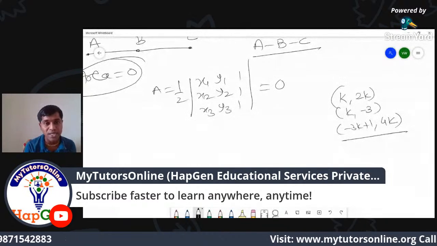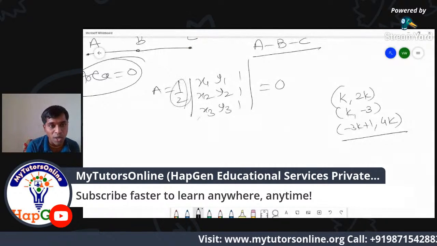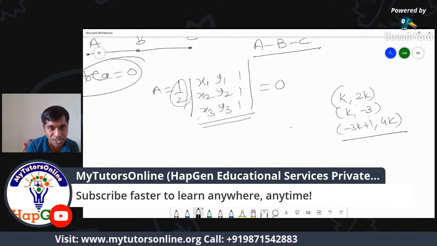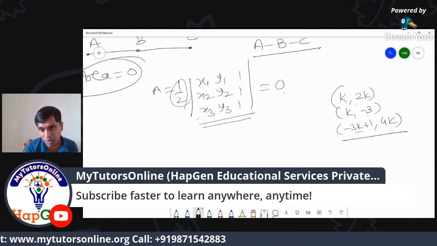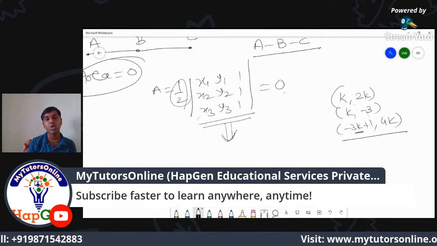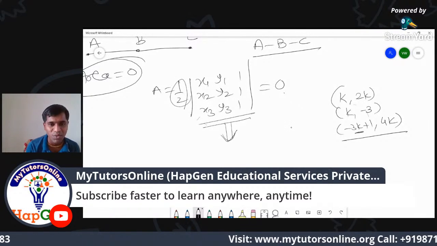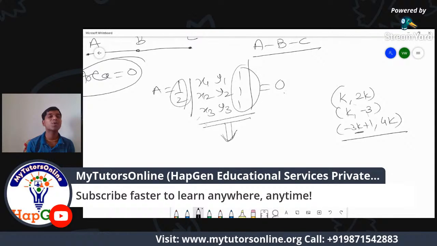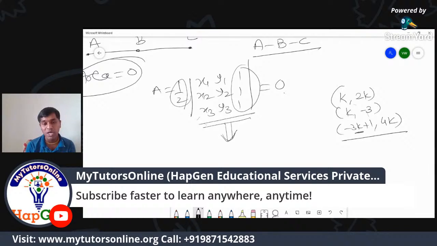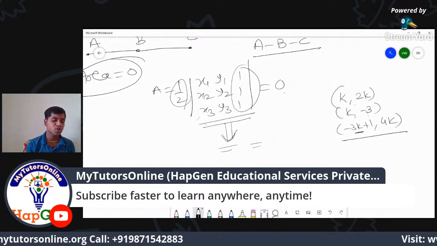You need not take the half. Just put these 3 points here, equate the determinant to 0 and calculate the value of k. Solve the determinant as we have been solving throughout. Actually this determinant is even easier to solve. Find out the determinant, equate it to 0, find out the value of k.